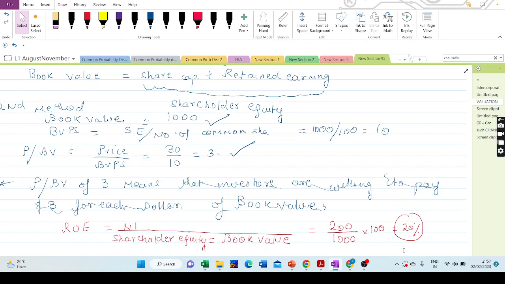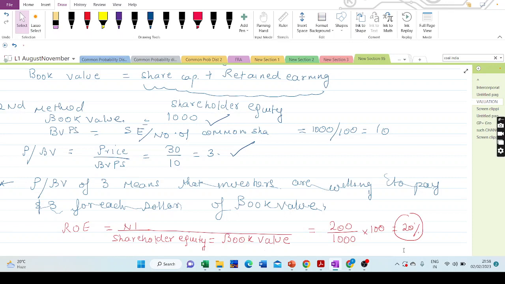Guys, when will investors be willing to pay more per dollar of book value? If the company is booming, expanding. Investors would be willing to pay more per dollar of book value if they feel that management can generate higher profits per dollar of book value.